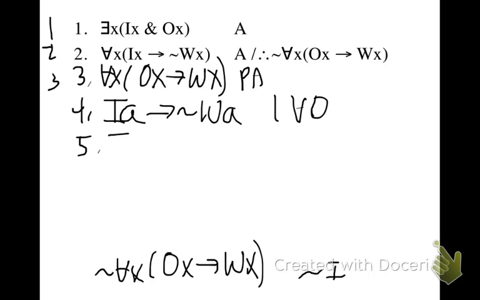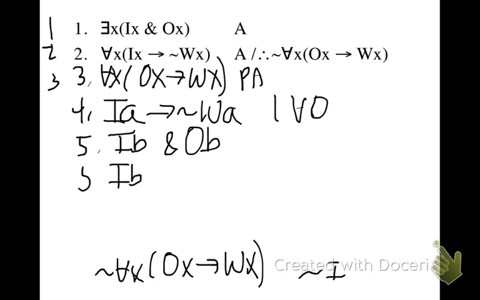So we'd have to use some other letter, like say B. But then the formula IA arrow not WA, and this IB, they can't interact because they're not the same thing.